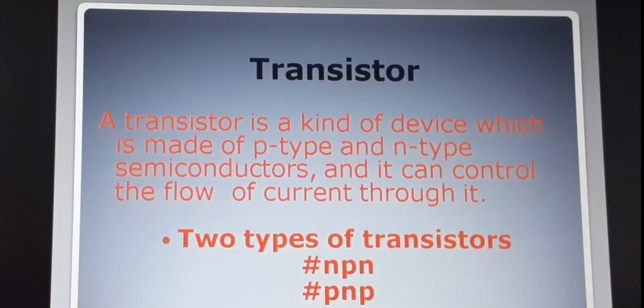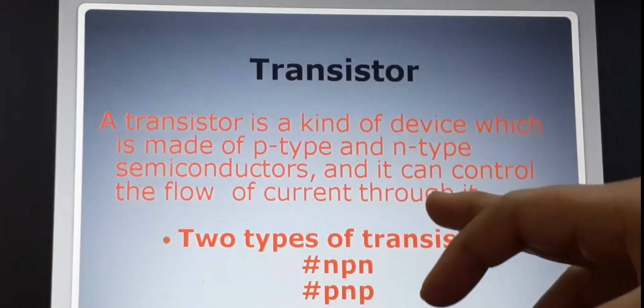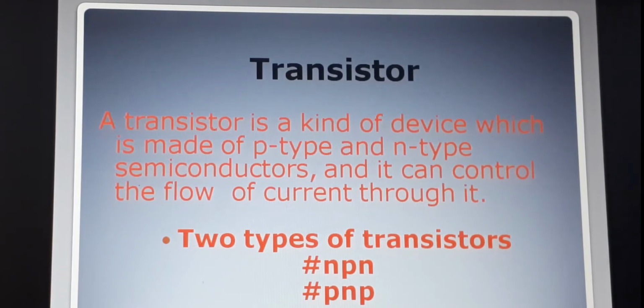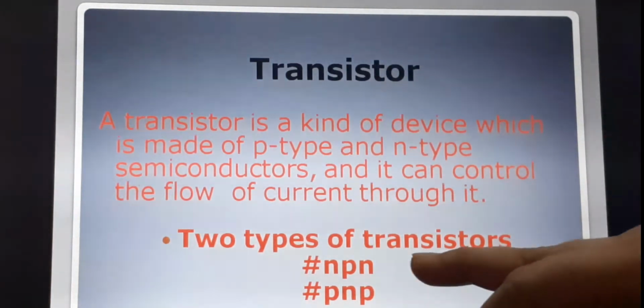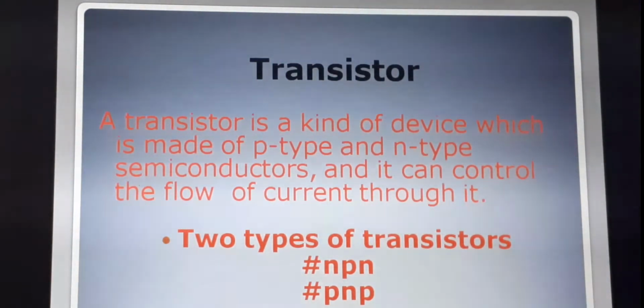Now transistor. A transistor is a kind of device which is made of P-type and N-type semiconductors and it can control the flow of current through it. We usually know that transistors are of two types, NPN-type and PNP-type.